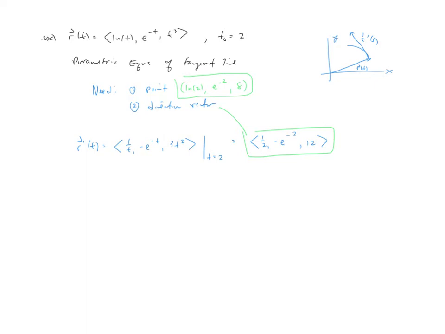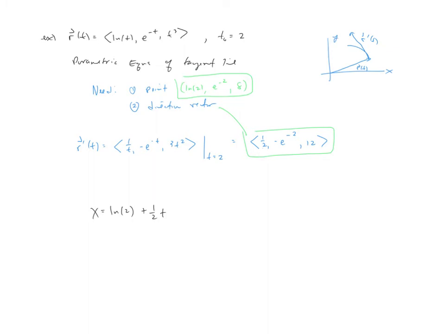So now we'll put together our parametric equations of the tangent line. That's going to be an x equals natural log 2 plus 1/2 t. If you remember, this is going to be the x coordinate of our point, and then we have the component that's going to be out in front of the parameter, the component of the direction vector.